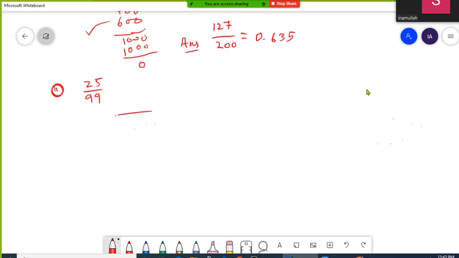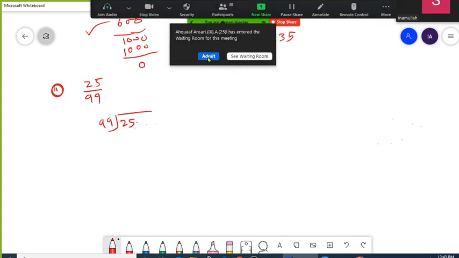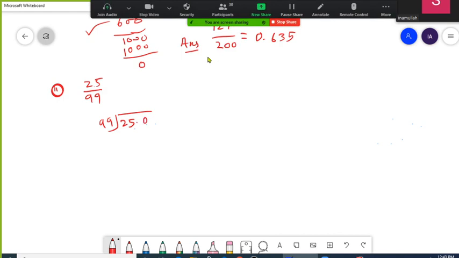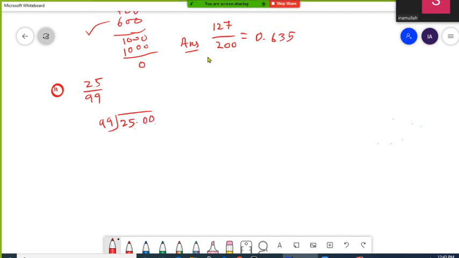Here I can take 25 and divide it by 99. Since my divisor is a two-digit number, this 25 is not divisible, so I'll take 0 point here. I'll take 0.